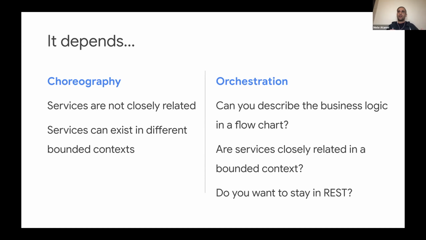Then because event types and event formats are quite flexible, you need to worry about how to parse those events. So there's a lot of complexity that comes with that flexibility, and people don't want to deal with it. They want to deal with plain HTTP calls that everyone understands. So if that's the case, then orchestration might be a good choice, because orchestration usually deals with just plain HTTP calls.